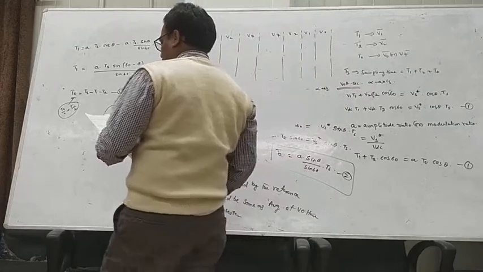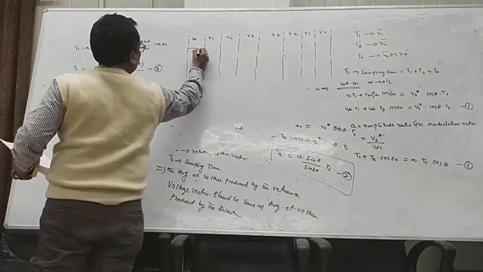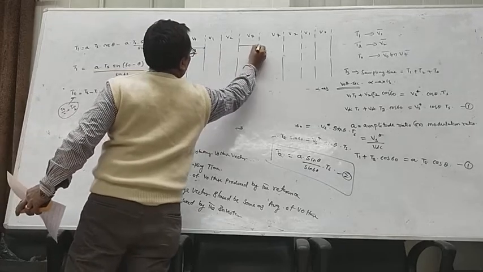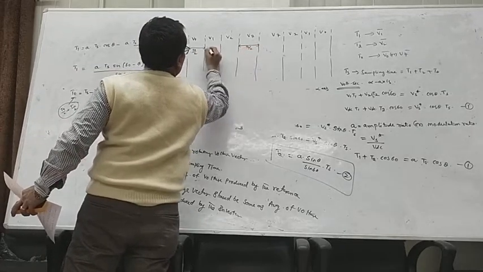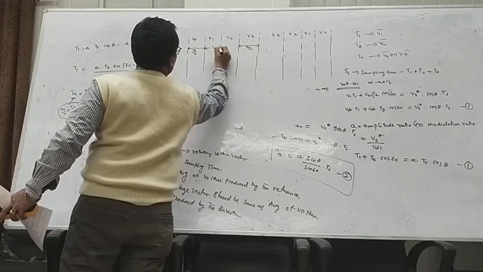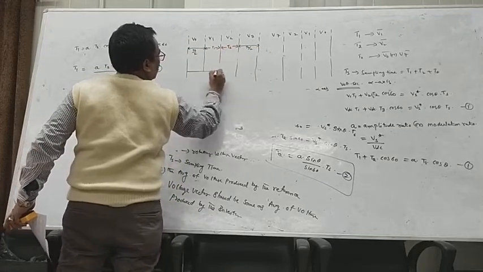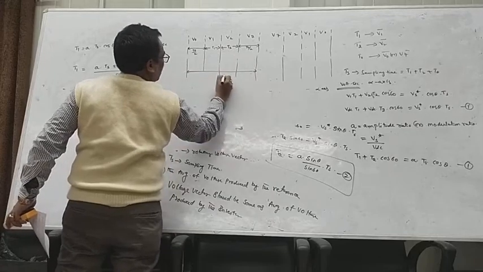So this is T0 by 2 and this is also T0 by 2, this is T1 and this is T2, and this is the total sampling time Ts.